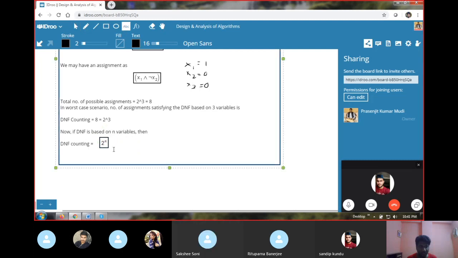So what is the point of discussion finally we have? That any deterministic algorithm, let's say using a greedy method, will be an exponential time algorithm.